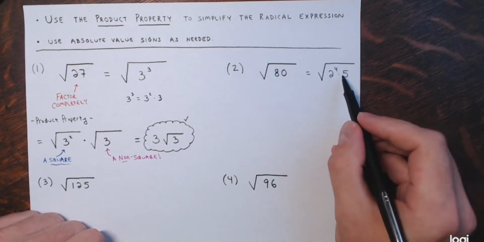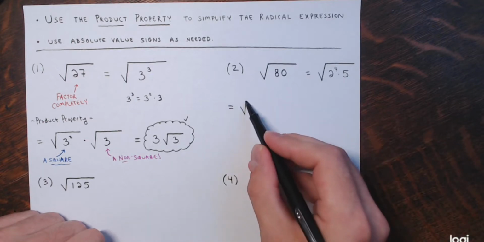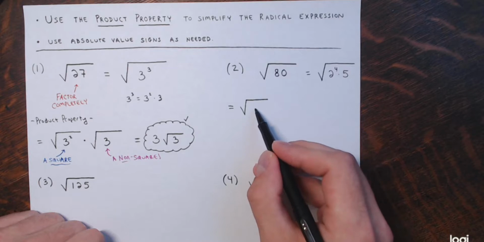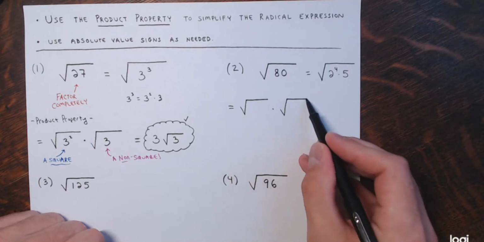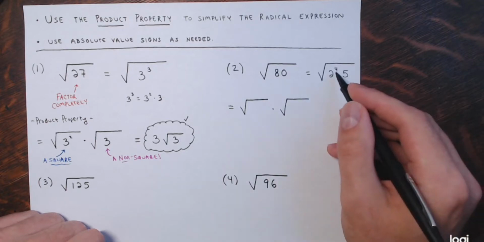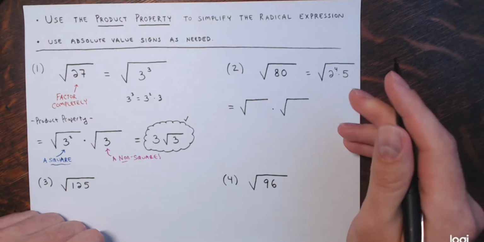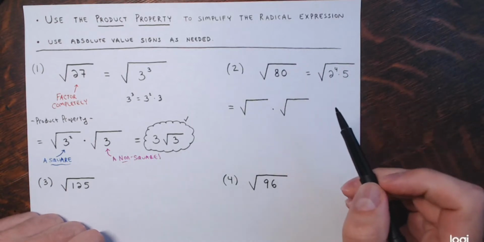And then I look through here and think, all right, when I break this up, using the product rule, I'll have the square root of something that can be raised to the second power times the square root of something that can't be raised to the second power. Any even powers, anything with powers 2 or greater, I can pull out something that's a perfect square.